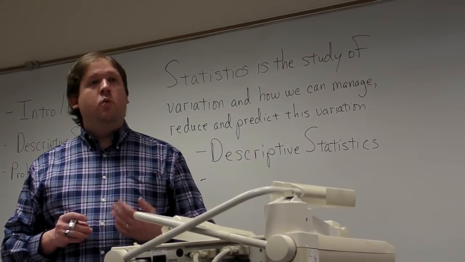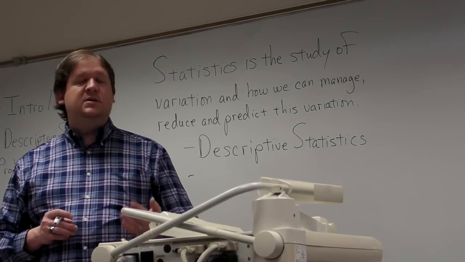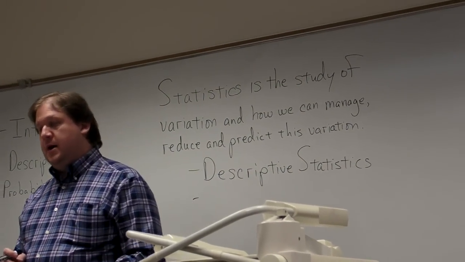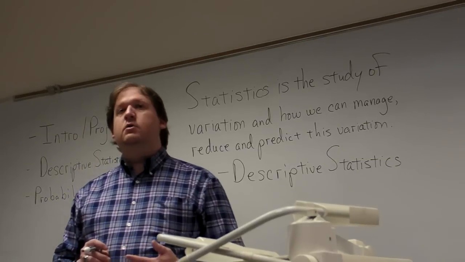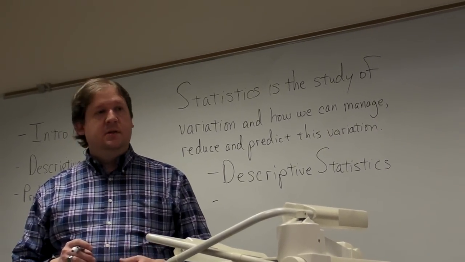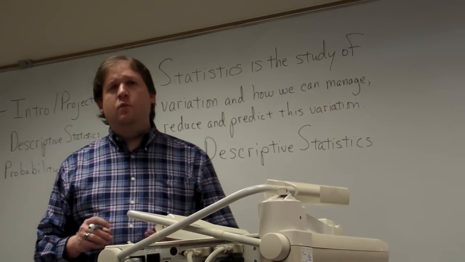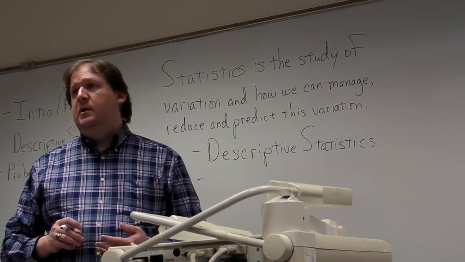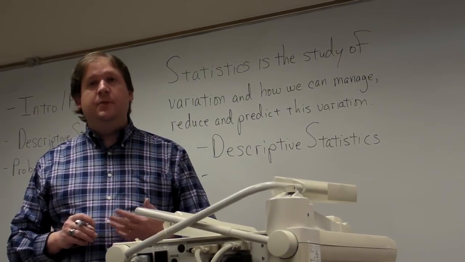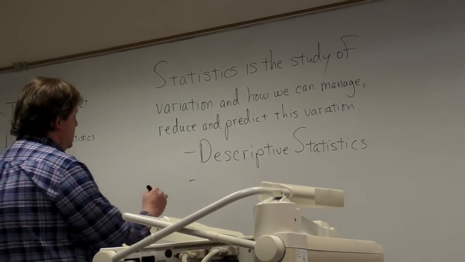So telling me what is the average, what is the standard deviation, what's the minimum and maximum, what's the first and third quartiles, what's the level of skewness in your data. All of those are descriptive statistics, and they clearly have a role in what we're doing in this class. You need to be able to take a data set and describe its characteristics. And that's what descriptive statistics is.